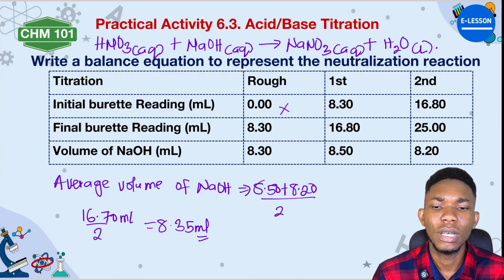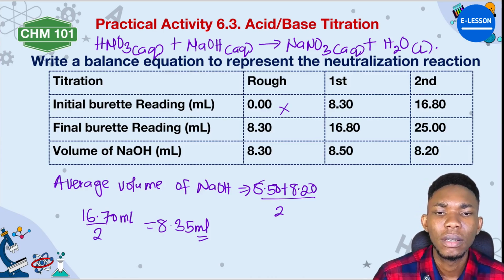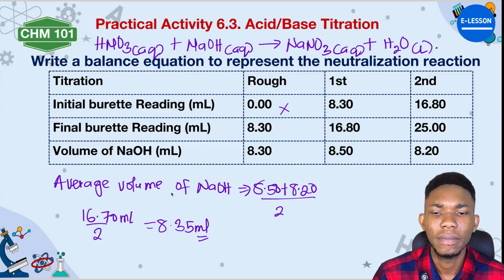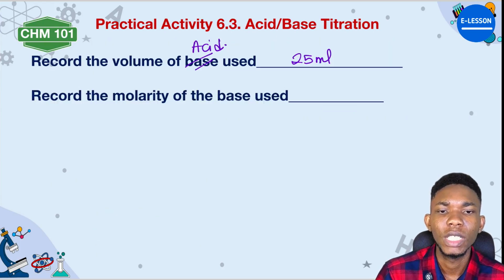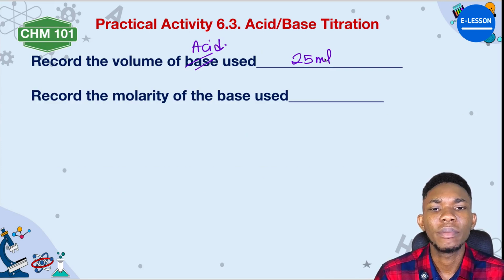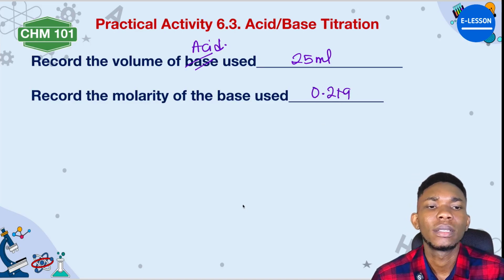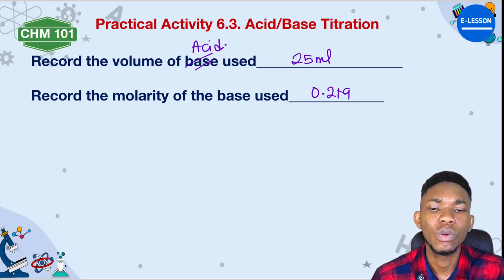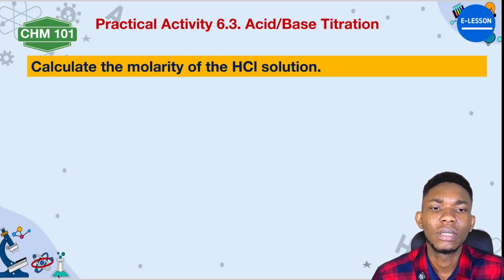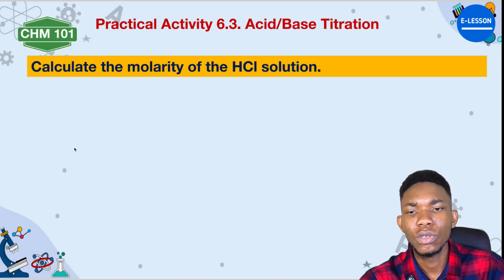Let me do a little correction. The volume of acid used is 25 mL. Now the next one is record the molarity of the base used. The molarity of the base used is 0.2 molar. So in this place where they put record the volume of base used, please change it to acid.